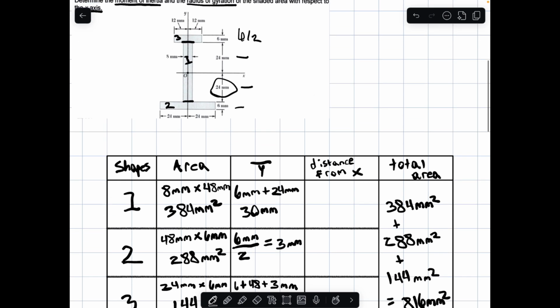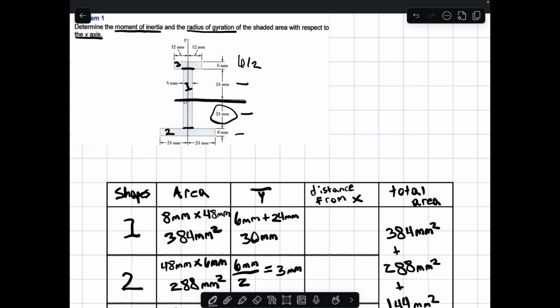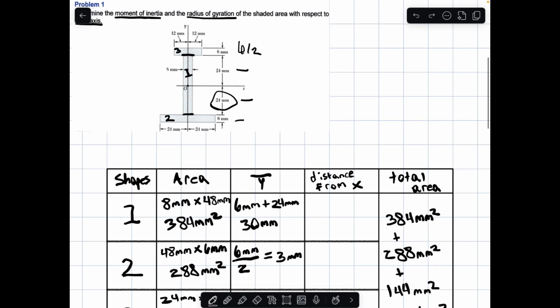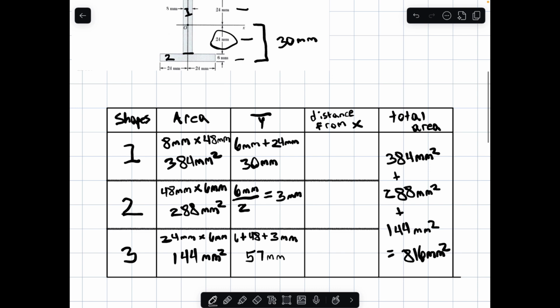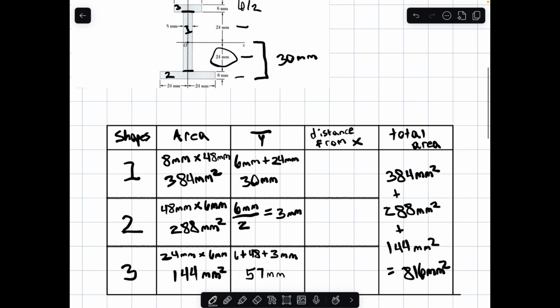Now we've got to take this y bar distance and figure out how far it is from the x-axis here. So it seems that the x-axis is at 30 millimeters. That means that the y bar of our first shape is 0 away from the x-axis.